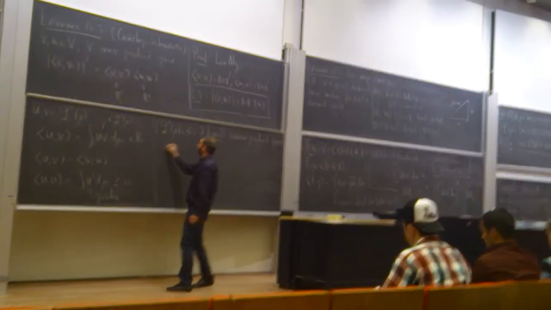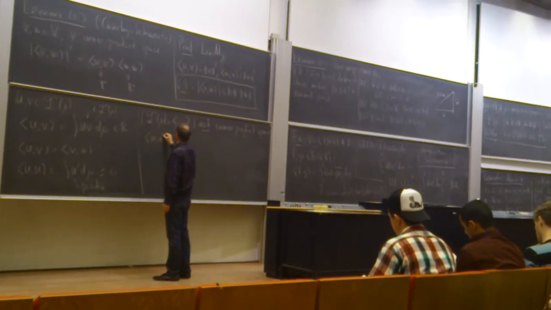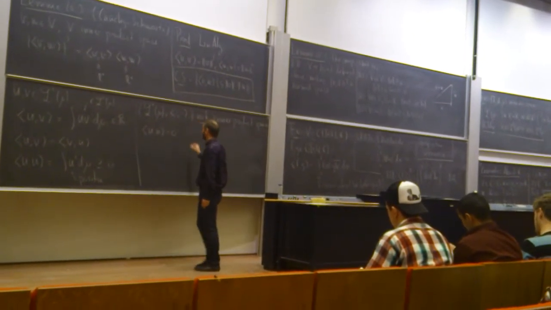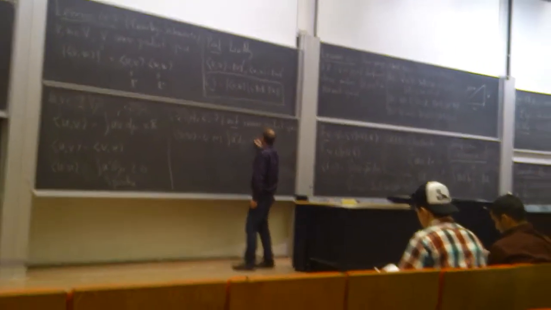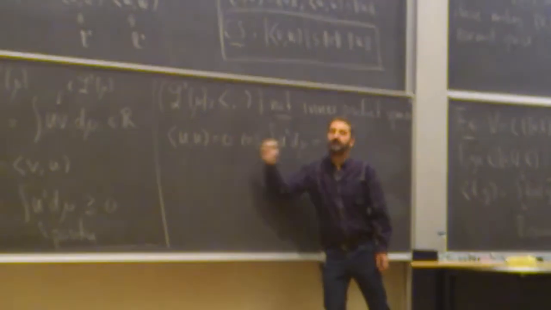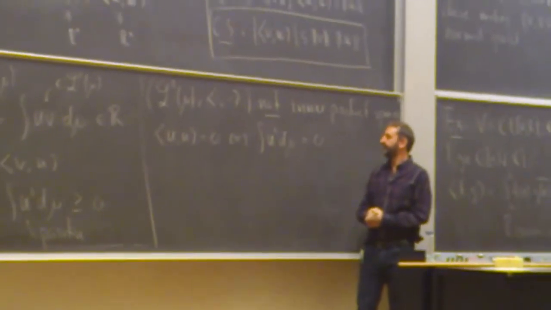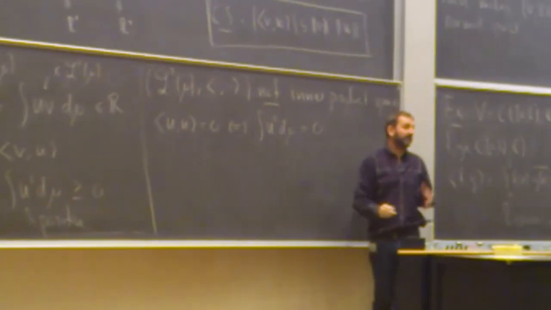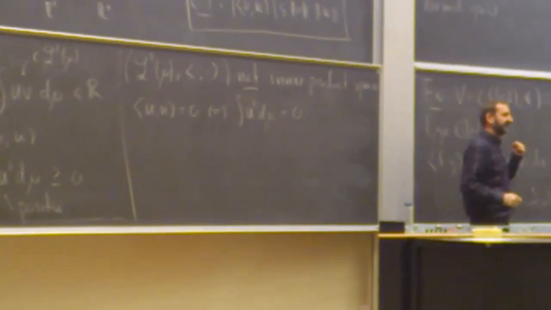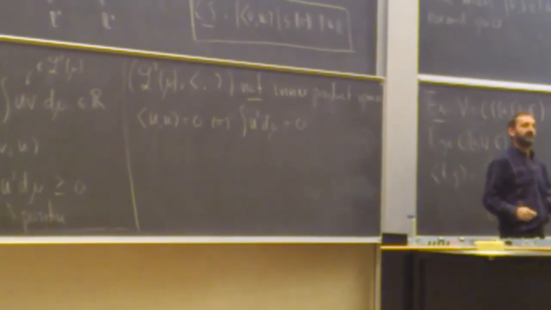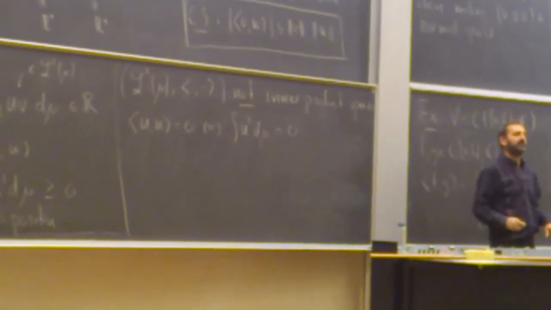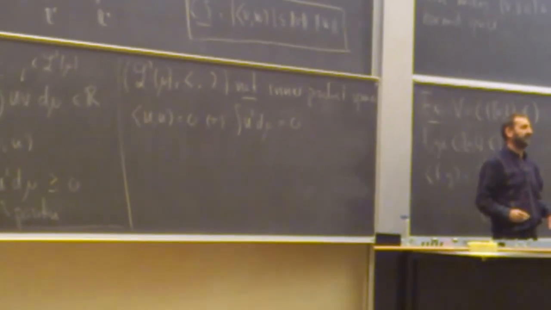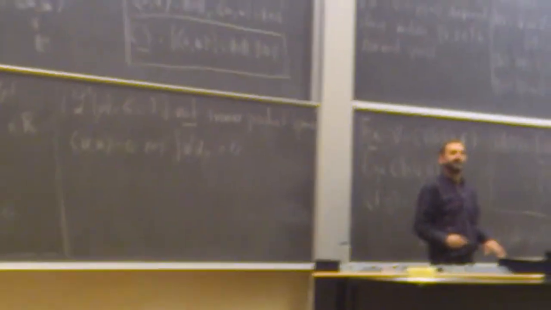Because the trouble is, what if u inner product u is 0? That happens if and only if the integral of u squared d mu is 0. And now this is a positive function. So if I integrate a positive function and get 0, when does that happen? When can the integral of a positive function be 0? Yes, it's when it's 0 almost everywhere.